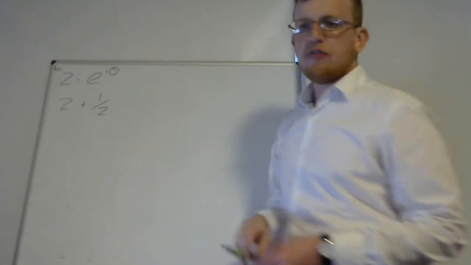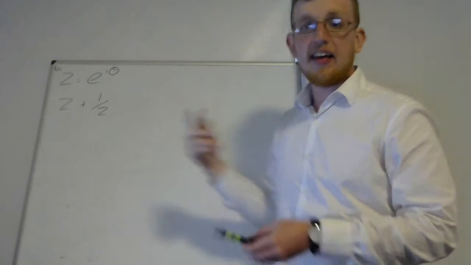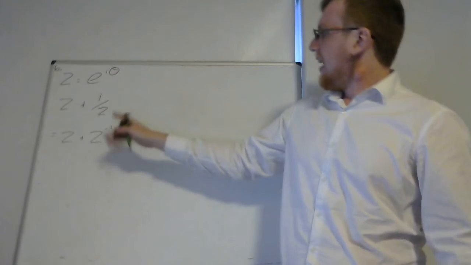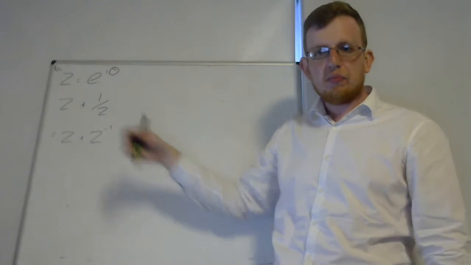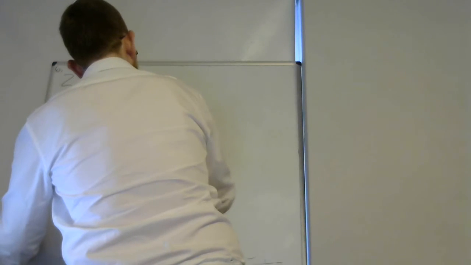It's a little bit difficult to do anything with 1 over e to the i theta unless you bring that up to the top and make it a power of minus 1. So let's write it out like that. And now I know what e to the i theta to the power of minus 1 is because you just multiply your powers. So this is e to the i theta plus e to the minus i theta.